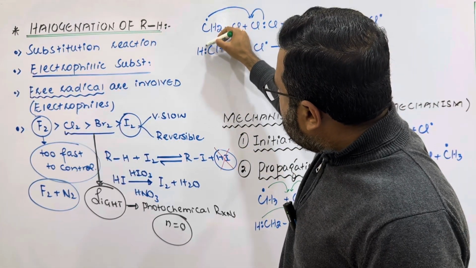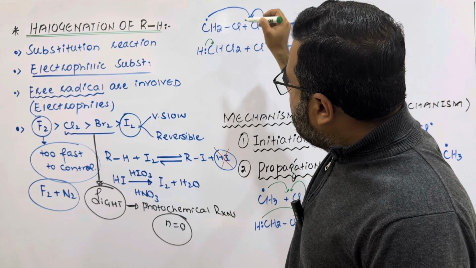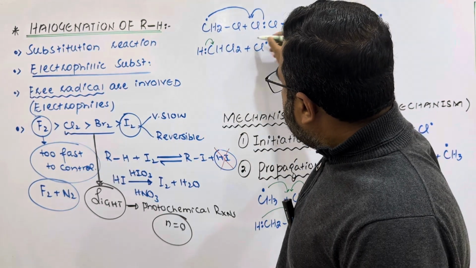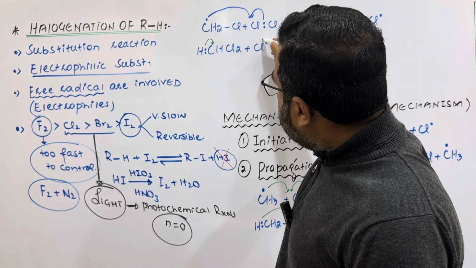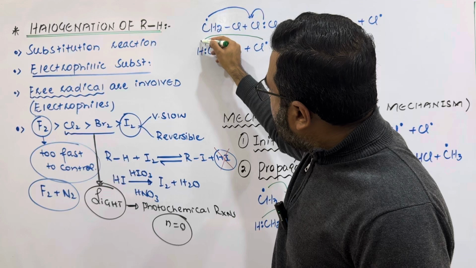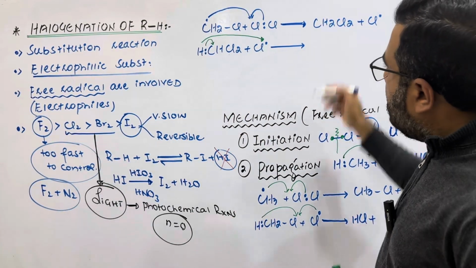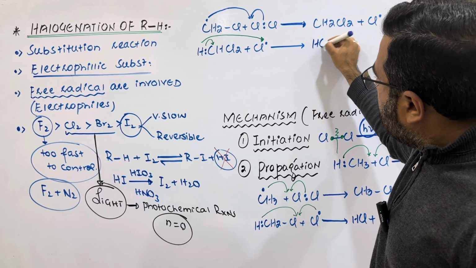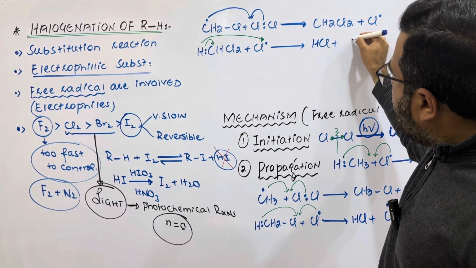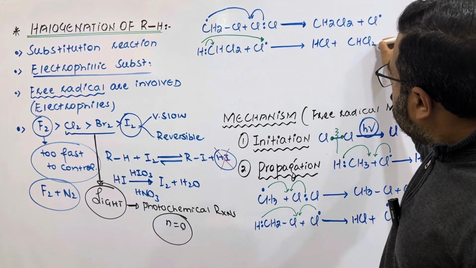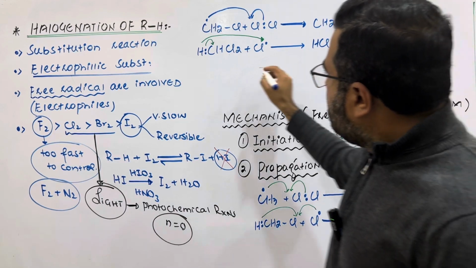When it reacts with the dichloromethane, the hydrogen will give its electron to carbon and it will share its electron with chlorine. Again HCl will be produced and you will get CHCl2 free radical.